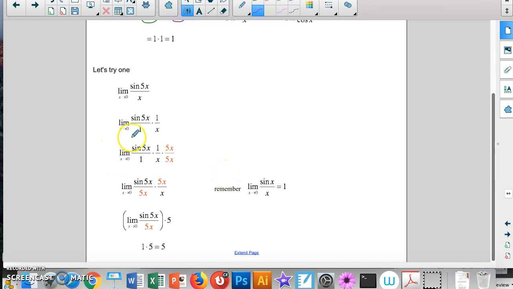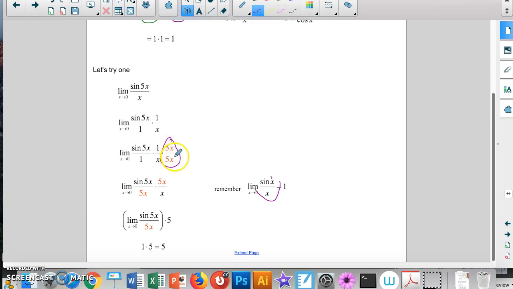And what you always want to try to do, if you look at the formula, it's sine of x over x. So I want to get those two to be the same value. So I have a 5x here. I need a 5x in the denominator. So I'm going to put 5x over 5x, because what does this just equal? That's just 1.